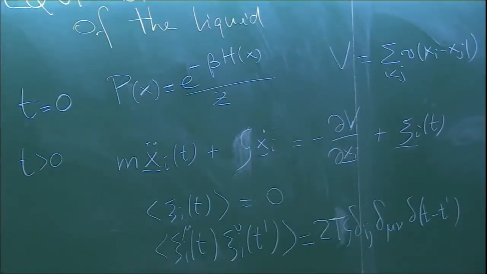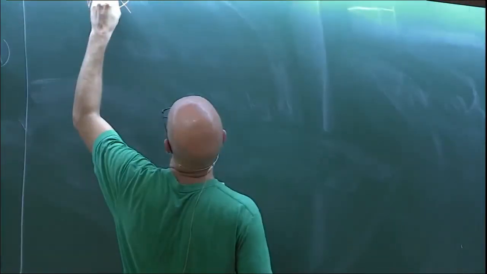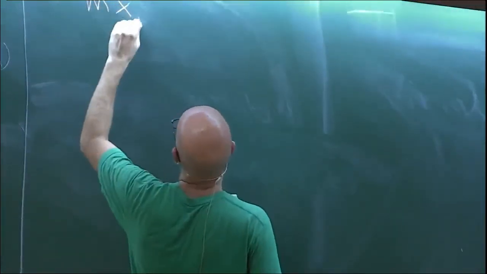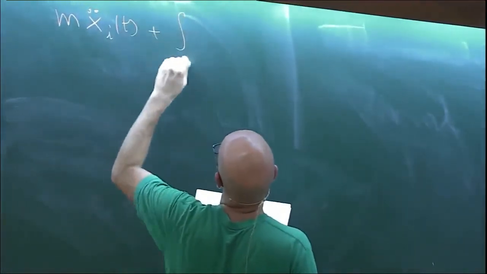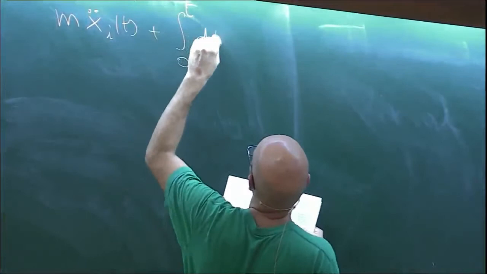Before I start doing that, I just need to make a little generalization that is going to be important. This is a white noise, but it can be generalized to a colored noise.